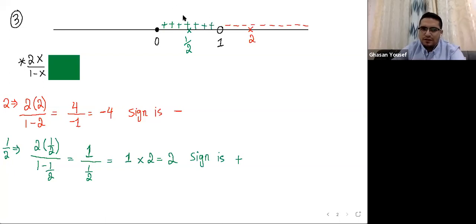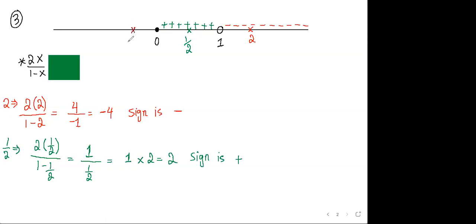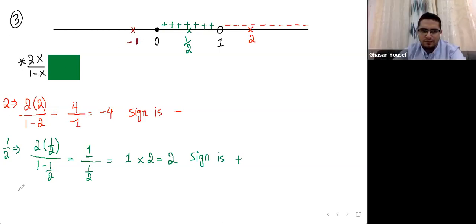The last interval is any number less than 0. Pick any number. What number would you like to choose? -1. Plug it inside the equation. 2 times -1 over 1 minus -1. 2 times -1 is -2, over 1 minus -1, which is 1 plus 1, is 2.